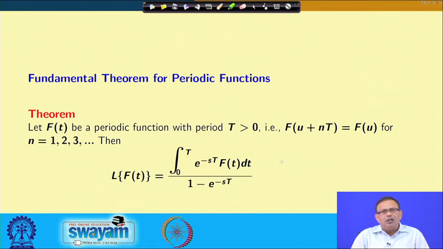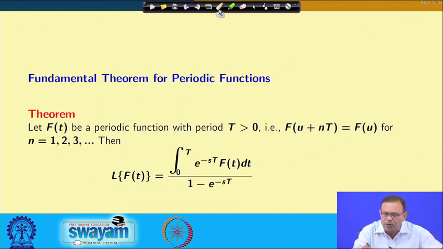In that case, the Laplace transform of that periodic function f(t) will be equal to the integral from 0 to T of e^(-st) f(t) dt, divided by 1 minus e^(-sT). Using this formula directly, depending upon the periodic function f(t) and the period capital T, we can tell what the Laplace transform of a periodic function will be.